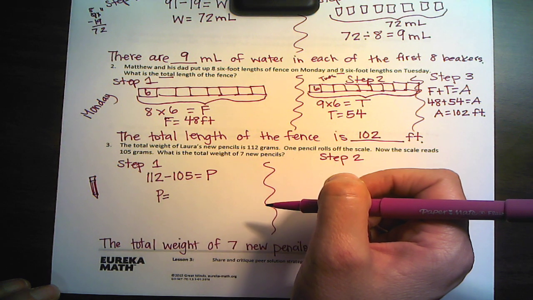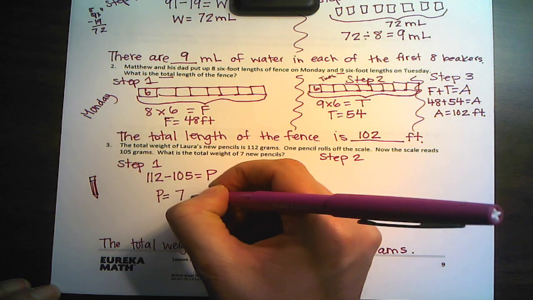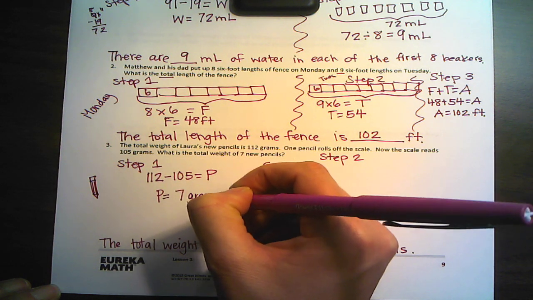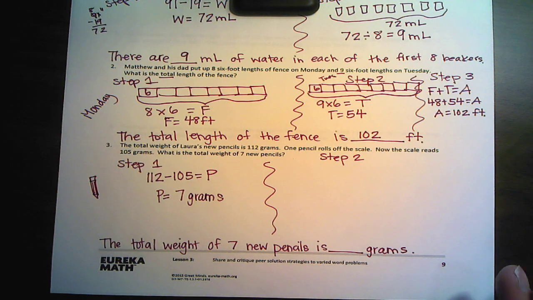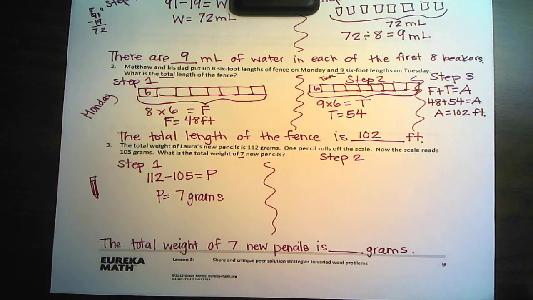Do you know? Yes, good job. 7 grams. So if one pencil weighs 7 grams, how many will 7 pencils weigh? And how can we figure that out? That's the question. We know how much one pencil weighs. Now we're trying to figure out the weight of 7.